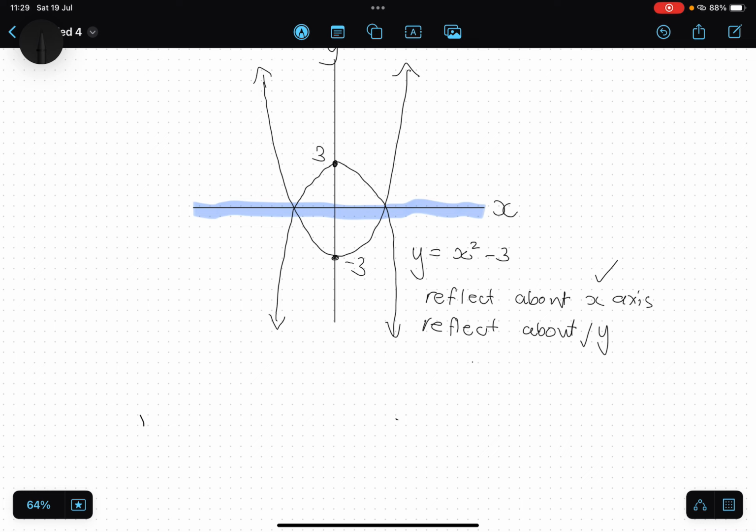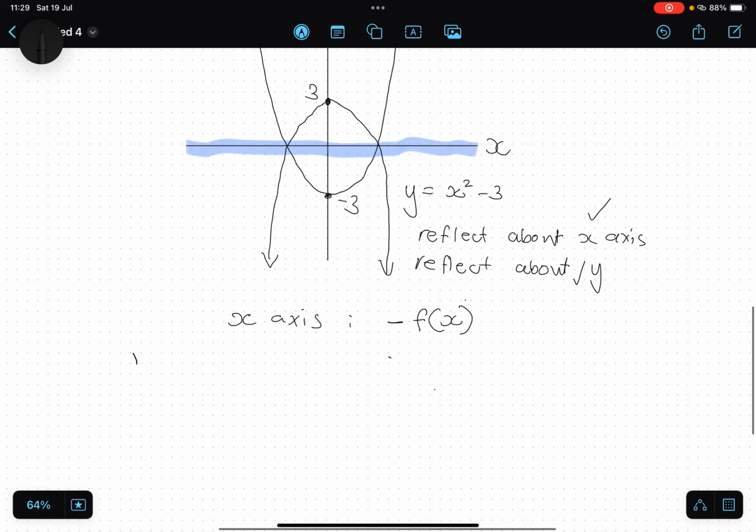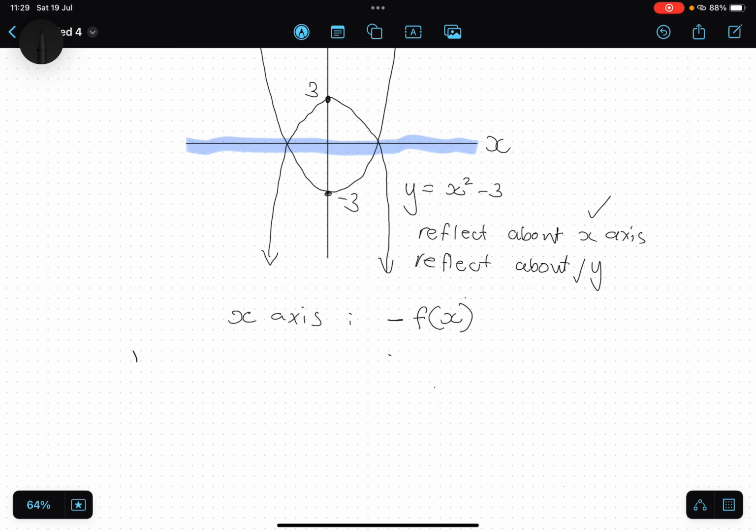So when you have got a reflection about the x-axis, you're always going to put a negative in front of your function. Now, I'm talking about the entire function. So you take the whole expression. So now you put a negative, so it becomes y equals a negative in front of everything.